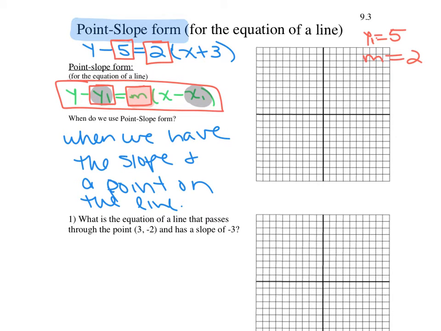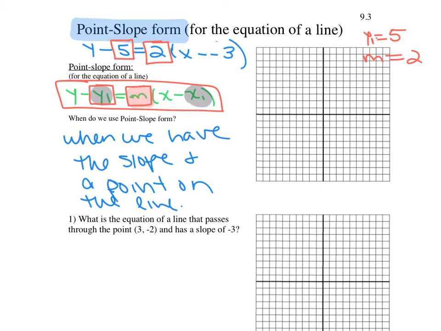And now notice here that this says x minus x1, but I have x plus 3. Because guys, really, I could have rewritten this if I want to write it out. This is really x minus minus 3, right? Because isn't a double negative a positive?